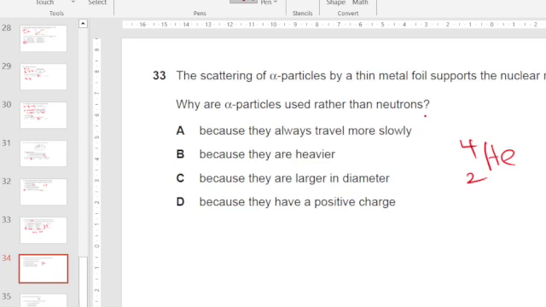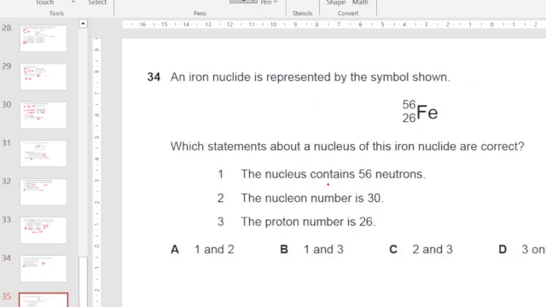So for the 33rd question, helium, that is alpha particles, have positive charge, is the correct option. And for the 34th question, an iron nuclide is represented this way. So this is the mass number A and this is the atomic number.